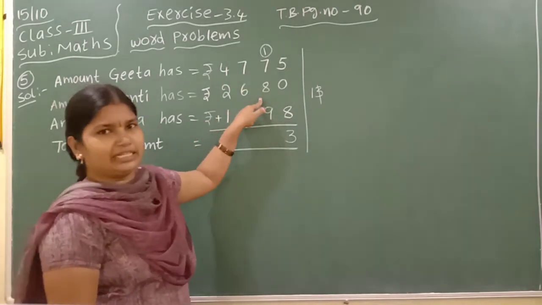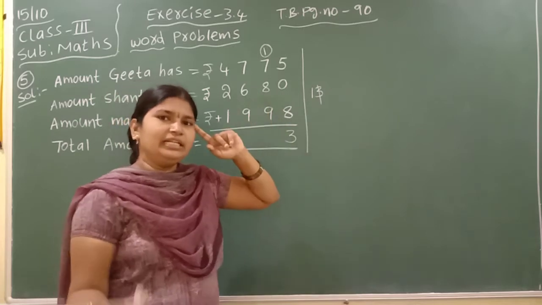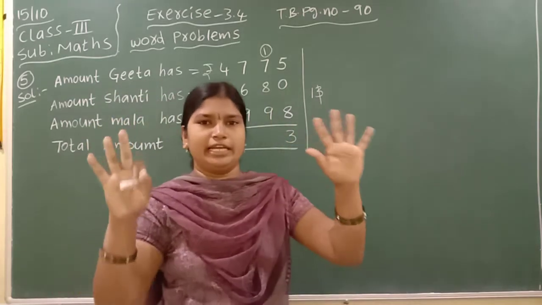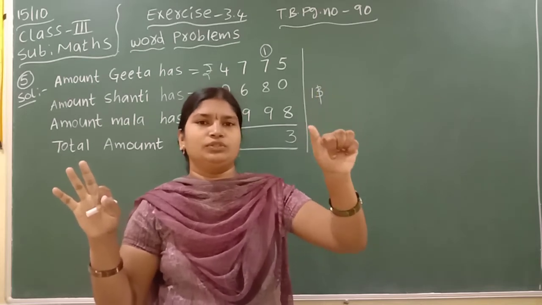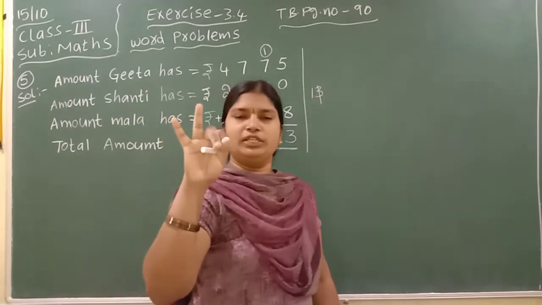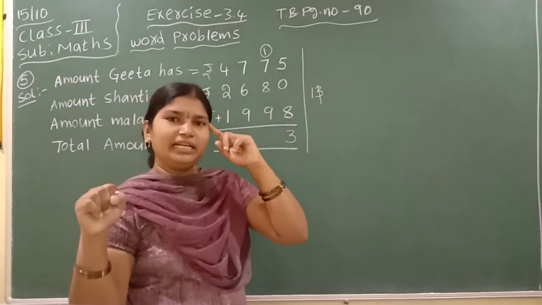Next. 7 plus 1 is 8. 8 plus 8. How much is 8 plus 8, children? 8 in the mind. Take 8 fingers. 8, after that 9, 10, 11, 12, 13, 14, 15, 16. 16 in the mind.